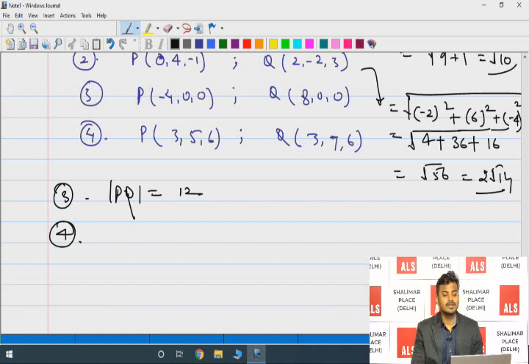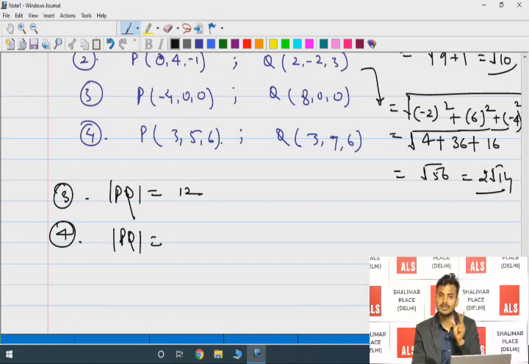Okay. Next is P, 3, 5, 6, and Q, 3, 5, 6 with a different last coordinate. You can directly find the 0 comma 0, but the 3 6 we cannot see that quickly, right? So think of the same way.